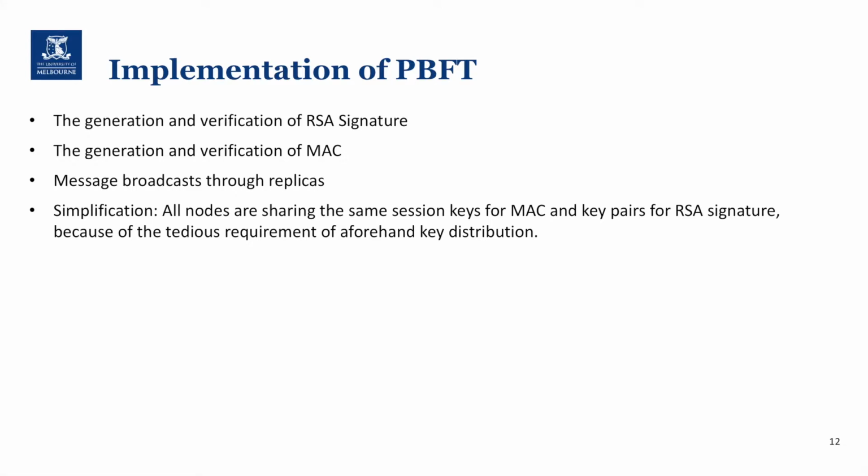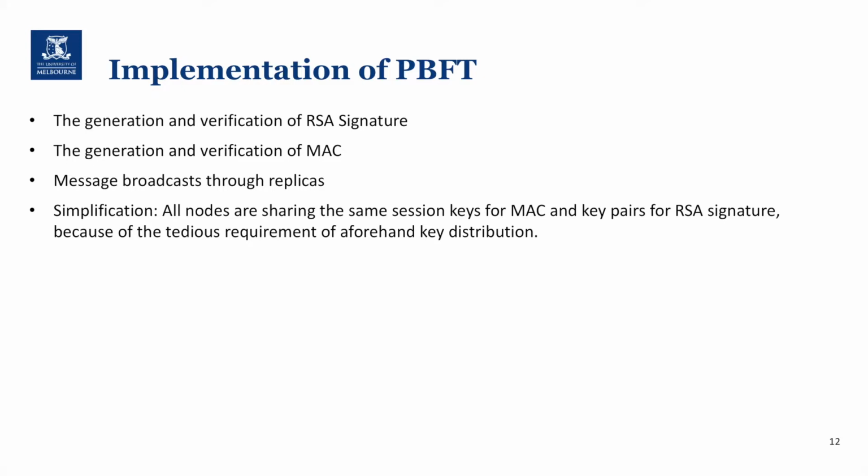Here are some key points during the implementation of PBFT. First, the generation and verification of the RSA signature. Here we directly use the RSA package provided by the Go language. Go is a very friendly language for cryptographic development.